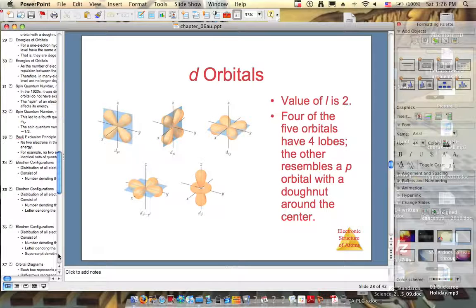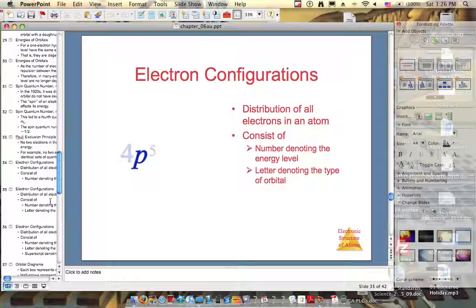Then we used those orientations to say, okay, we can write the electron configuration, where electrons probably are, and give each one a unique set of quantum numbers, and say these are where the electrons probably are around the nucleus of an atom. And we can describe it using electron configuration.